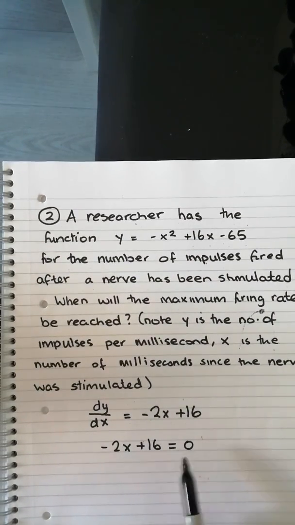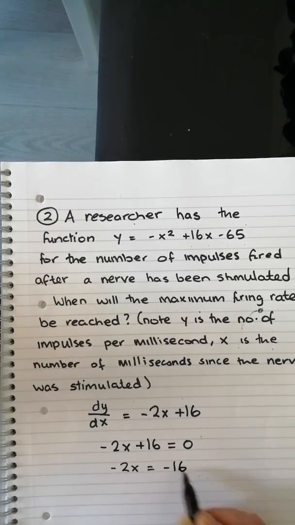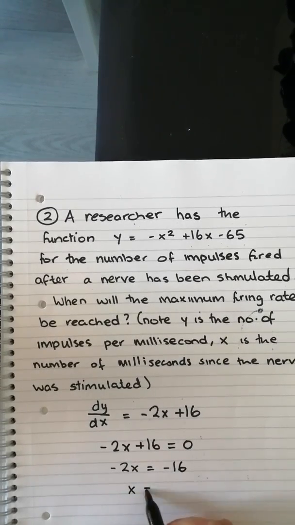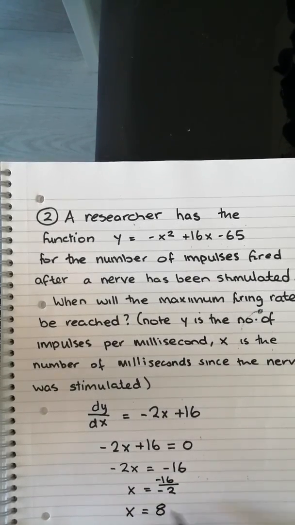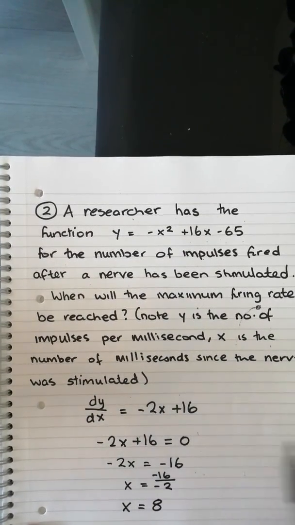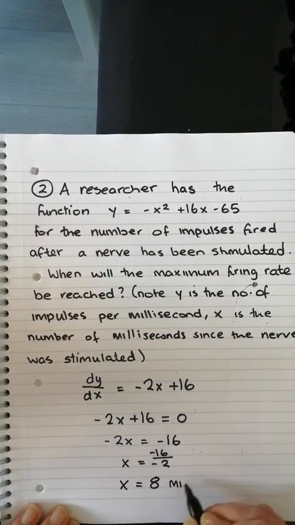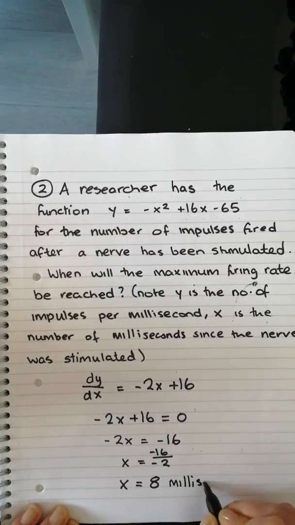So minus 2x plus 16 is equal to 0, so minus 2x is equal to minus 16, so x is minus 16 divided by minus 2, so x is equal to 8. We know that x is the number of milliseconds since the nerve was stimulated, so x is equal to 8 milliseconds.